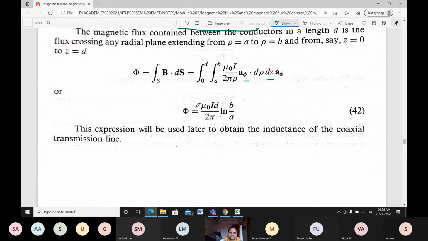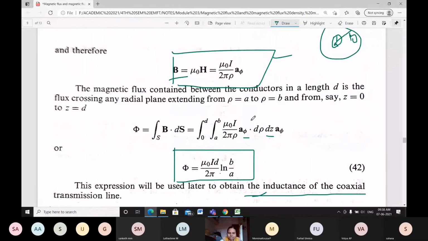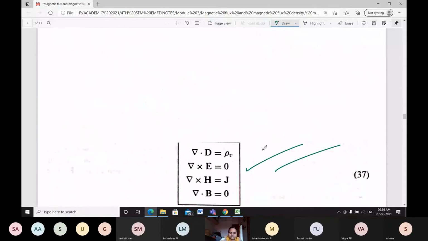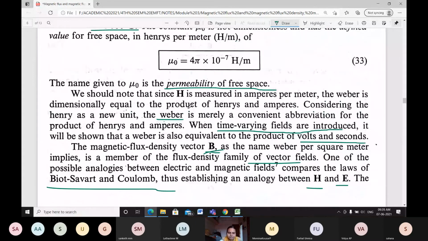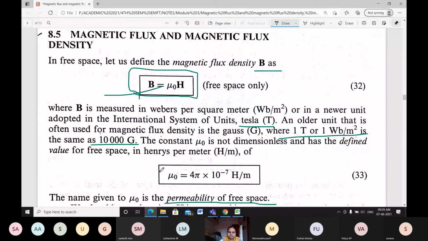You have to remember that phi equals mu naught I d divided by 2 pi ln b by a. This is the expression used for the inductance of the coaxial transmission line. Just remember the equation. In the question paper it is not asked that you write about electric flux, magnetic flux or magnetic flux density, but the equations are very important for how we take them.